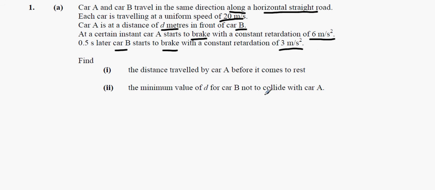Find A, the distance traveled by car A before it comes to rest, and B, the minimum value for d for car B not to collide with car A.